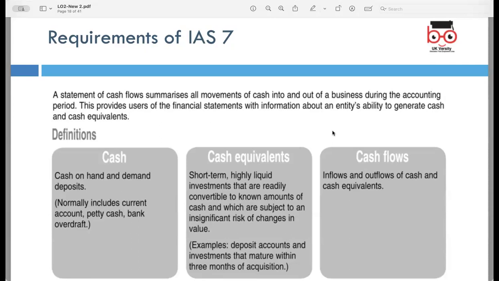Examples include deposits and investments maturing within 3 months. Finally, cash flows represent the inflow and outflow of cash and cash equivalents during the reporting period. These movements are categorized into three main activities in the statement of cash flows.